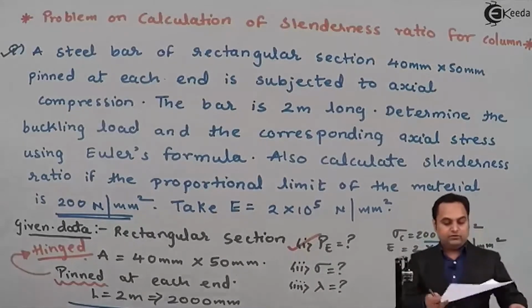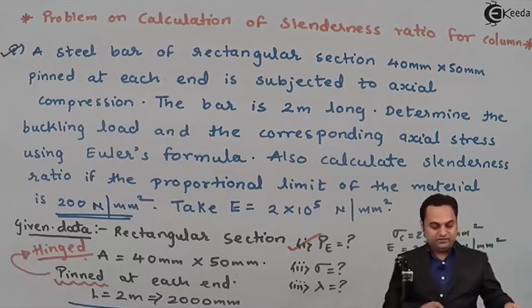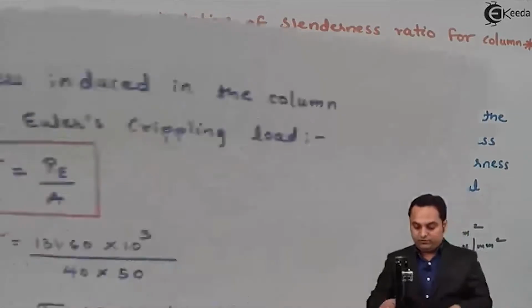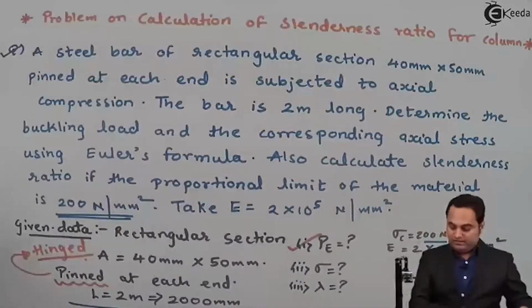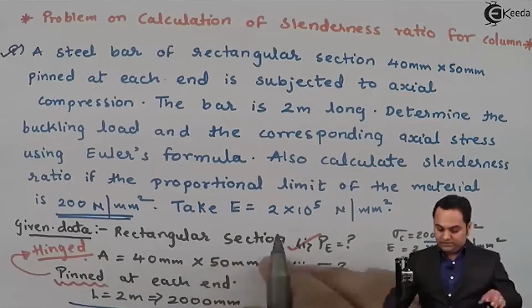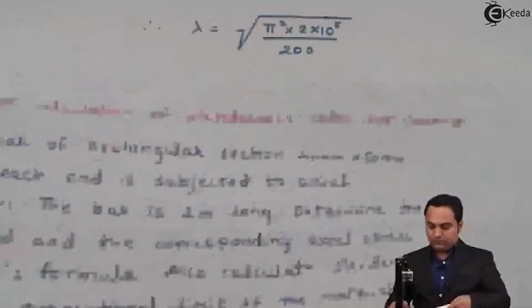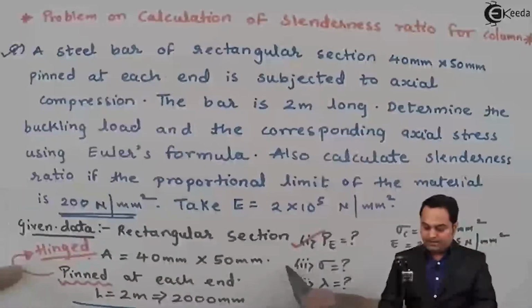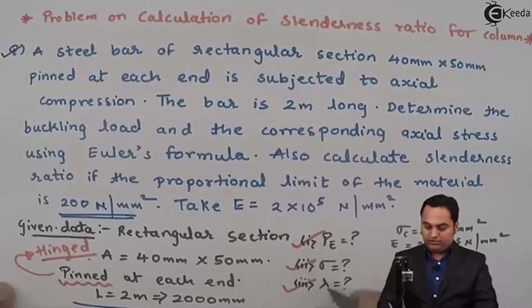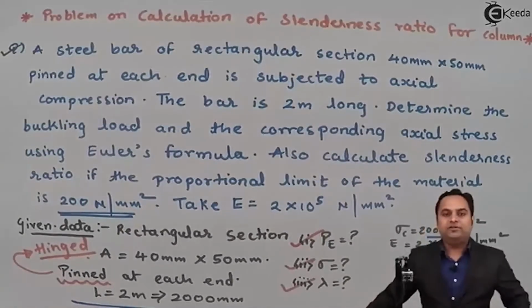Next, the second question was to calculate the axial stress, that we have found out 65.79 Newton per mm square. And the last thing was slenderness ratio, whose value is 99.35, and after finding all three unknowns, we can say that the problem has been completed.